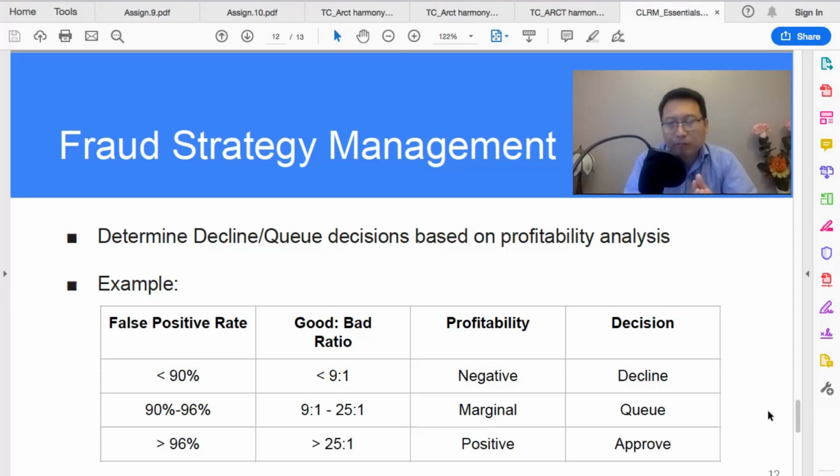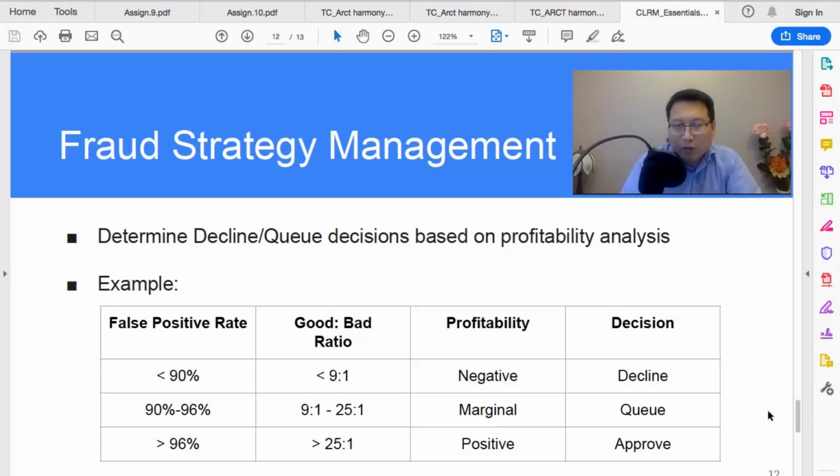Or you can just refer all these applications to a queue, and then have people go over them one by one. Obviously that's more time consuming, so you have to see whether you have enough manpower to really do that. Some customers expect a decision within a day or two. You don't want to wait 7-10 days to give an answer, because nowadays consumers expect faster and faster decisions.